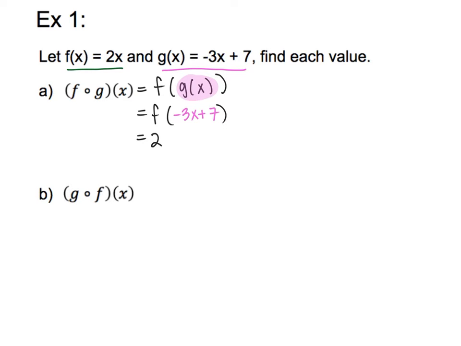I'm going to replace it with what I'm plugging in, which is negative 3x plus 7. And then I'm just going to simplify by distributing the 2. So now this is just normal math. I'm just going to work it out. That's 2 times negative 3, which is negative 6x. 2 times 7 gives me 14. And then this here is my final answer.